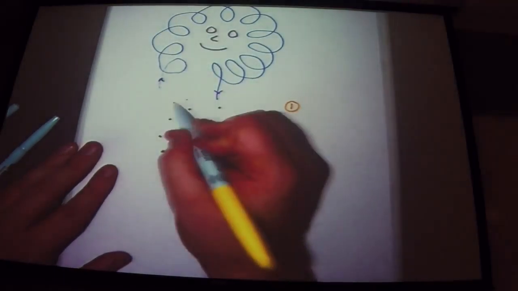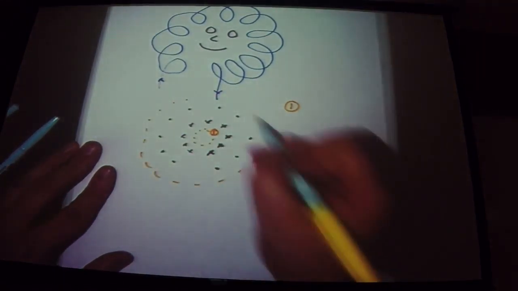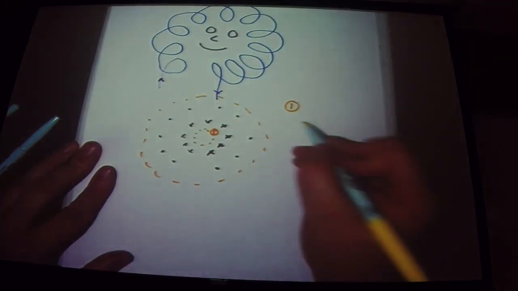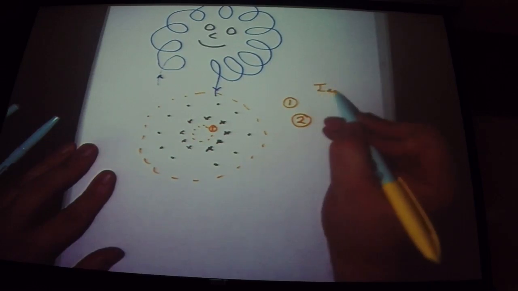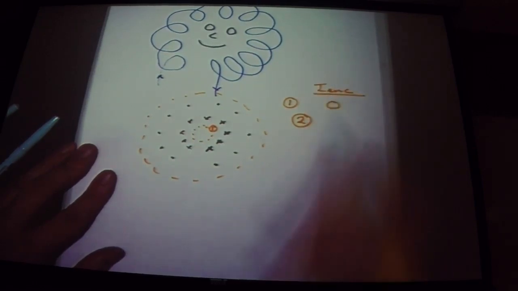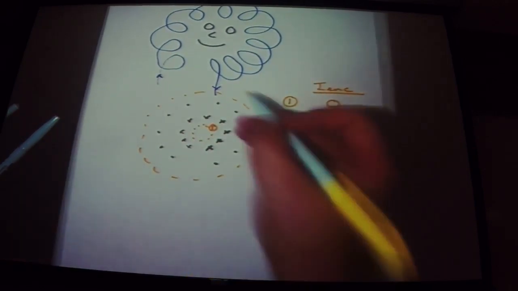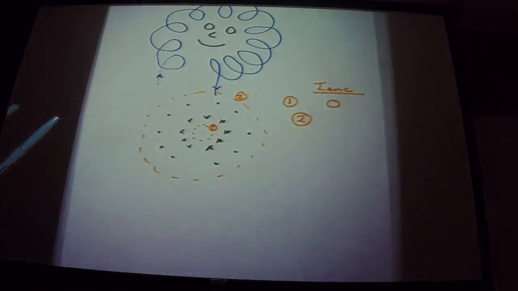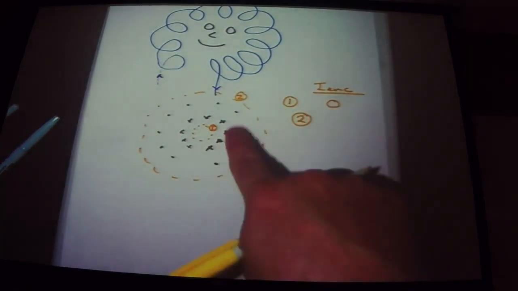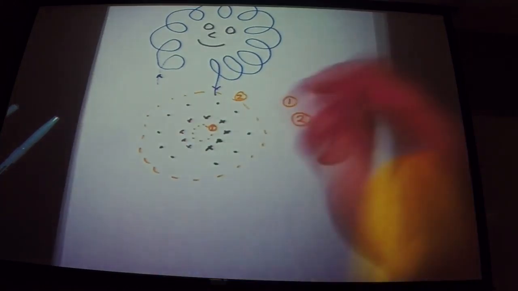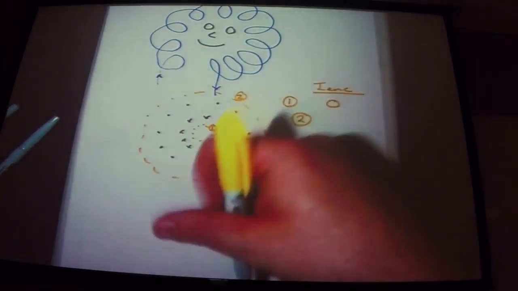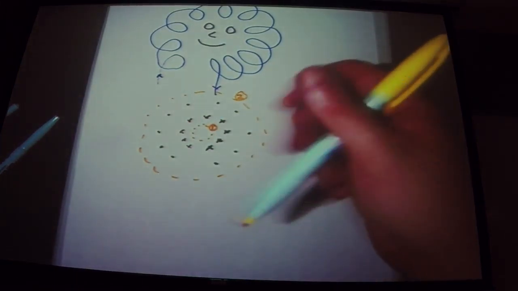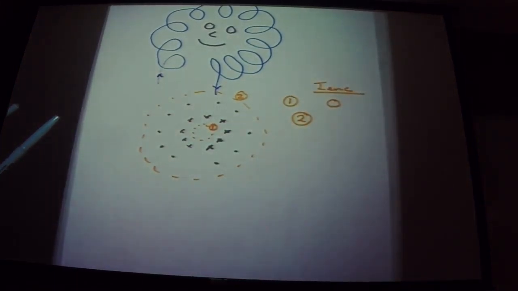What about when I go to the outside here? So the current I enclosed here, number 2, is 0. Why? Well, the problem is this. I've got 1, 2, 3, 4, 5, 6, 7, 8, or however many of these coming out, and I've also got the same number up here going in. It's 0 because of the cancellation between what's on the outside and inside.